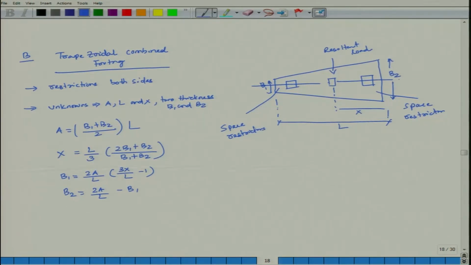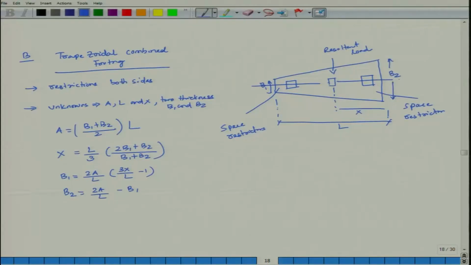In this case, you have to go for trapezoidal combined footing, and you need to have B1, B2 and L. Once you know B1, B2 and L, from there you can find A. Once you get the total area, then from there you can find the x distance from your CG, then assuming other factors you can get B1 and B2.